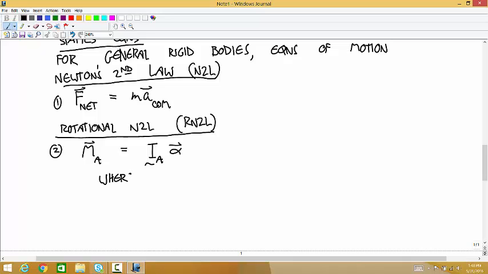That A, your about point, has to be either the body's center of mass or a point that's fixed to the ground, like connected by a ball and socket joint or a hinge or something like that.